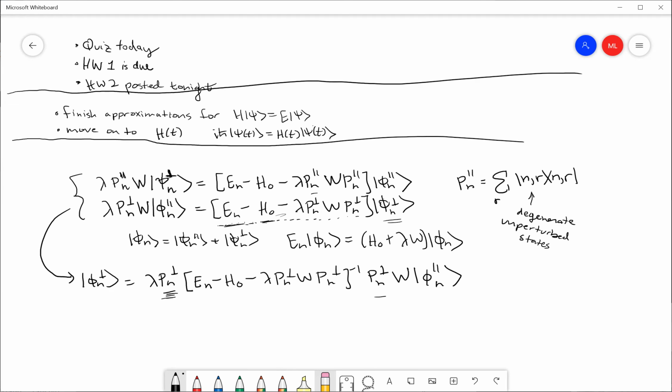Well, clearly this is going to be this big operator here. This is the inverse of this guy, and it's in the perpendicular subspace. It's acting on states that live in the perpendicular subspace.